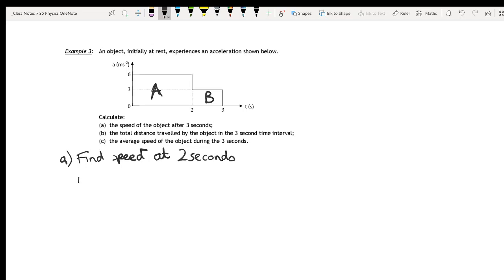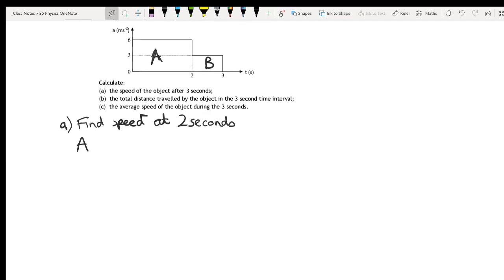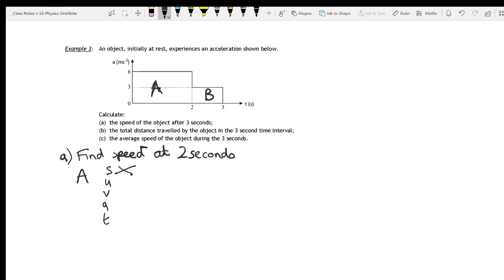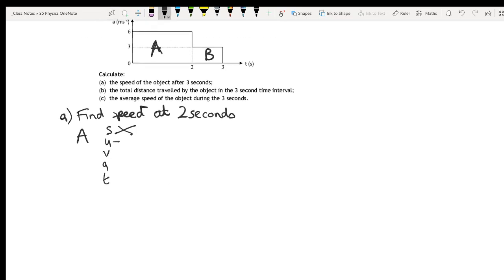So we're looking at section A. We still have to do SUVAT. We don't know anything about displacements. U, we're told it starts at rest, so U is 0. V is what we want to find.